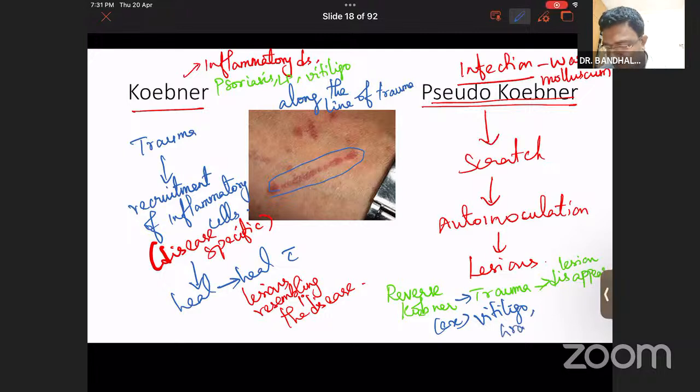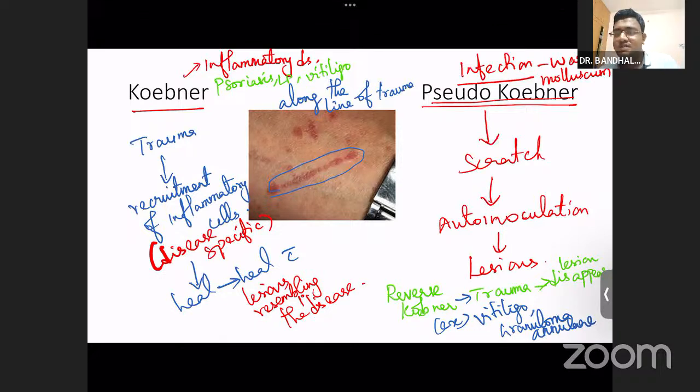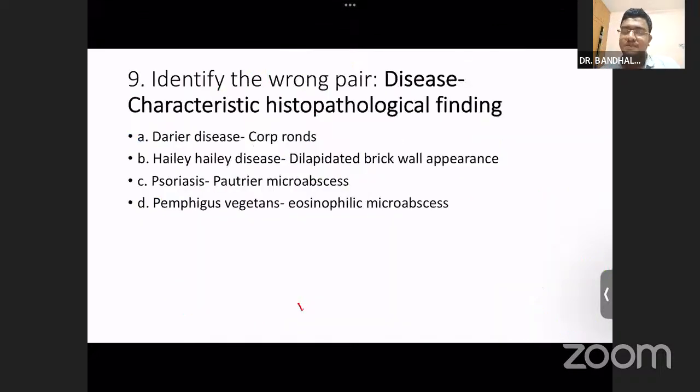Apart from that, granuloma annulare. Granuloma annulare is annular lesions over the dorsum of hands, neck and all. Whenever you do a biopsy to diagnose the disease, I have noticed many times, almost 9 out of 10 times, by the time the biopsy report comes, the lesions disappear completely due to reverse Koebner phenomenon. Right? These are things you should know in this.